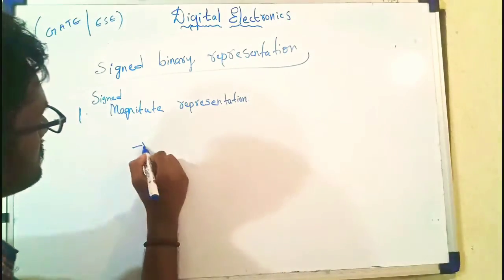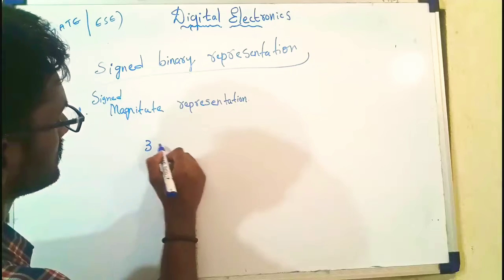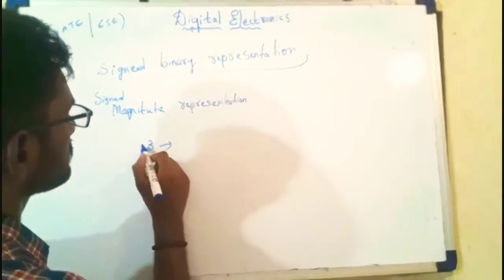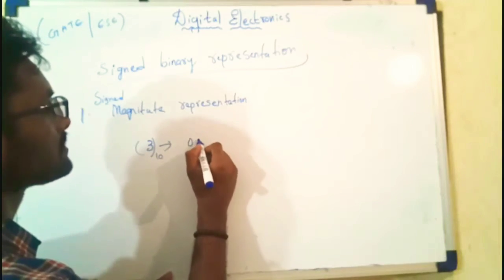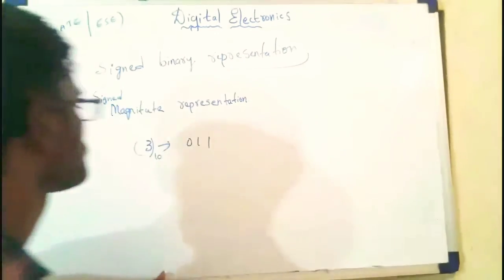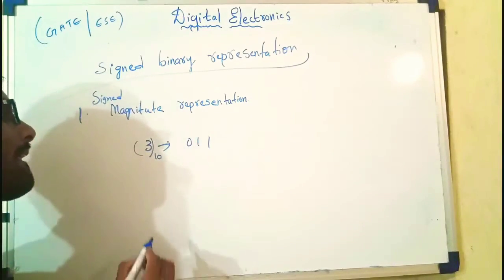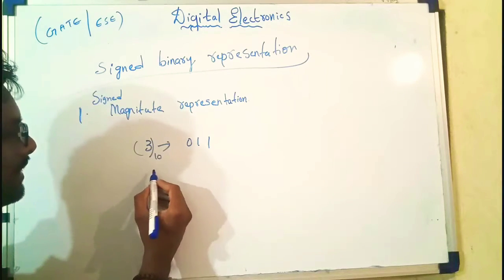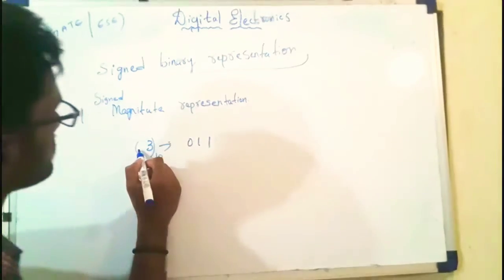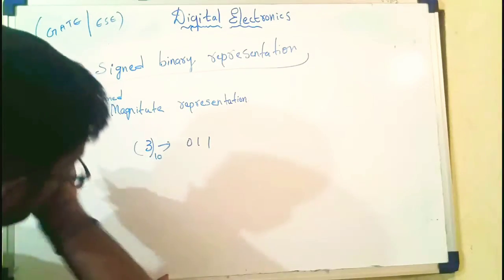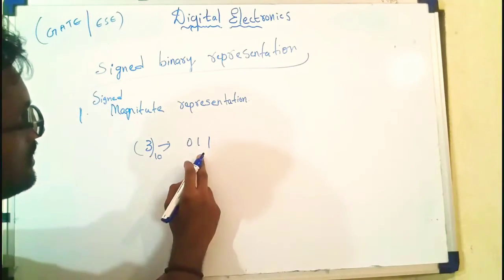Let us take a value. This is the decimal value, and this binary equivalent is 0, 1, 1. Okay, this is 3. First, see the binary value of 3 is 0, 1, 1.